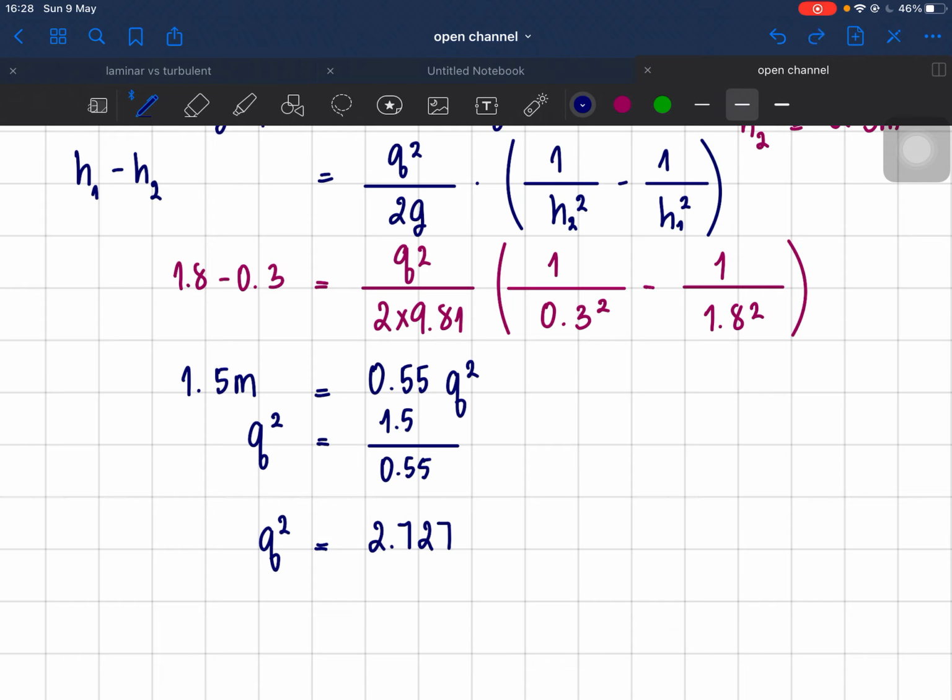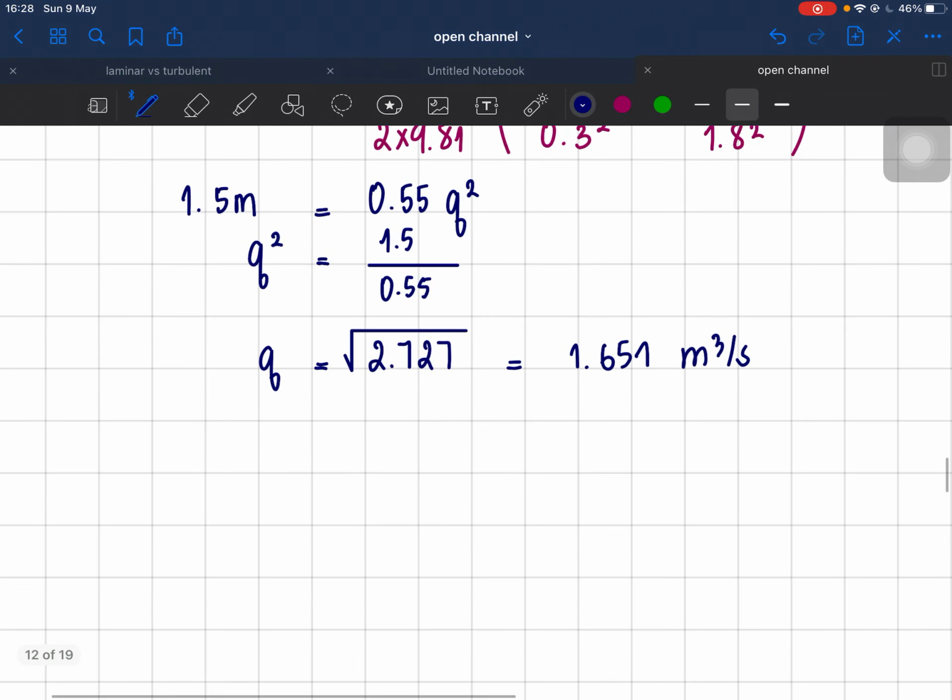So I square root this, and I delete this, and I get the answer of this one: 1.651 cubic meter per second.